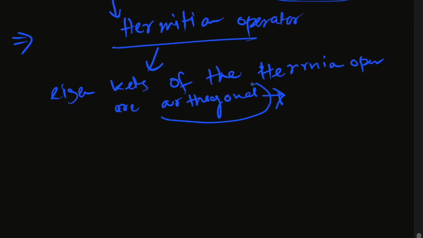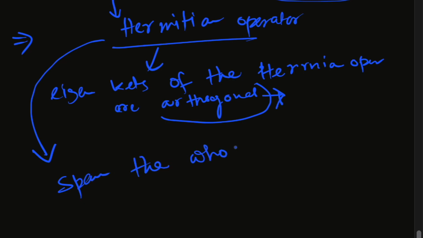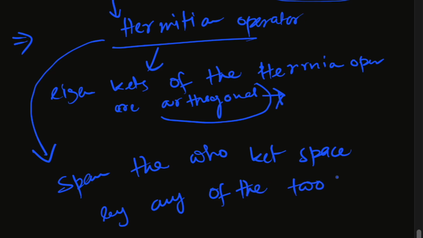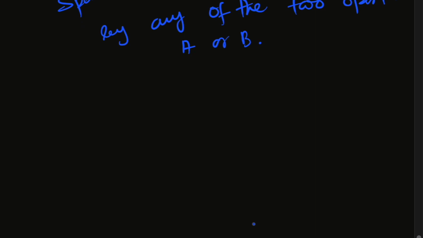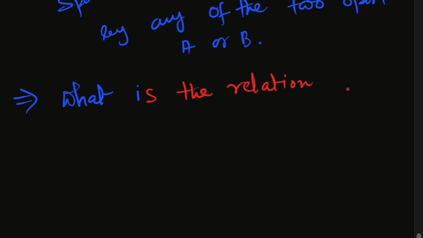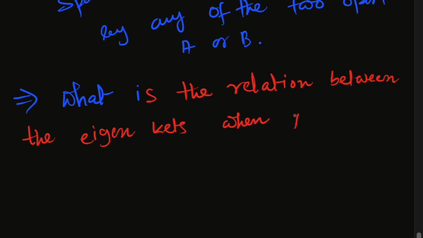That means we can span the whole ket space by either of the two operators, A or B. Now our question is, what is the relation between the eigenkets when A and B are compatible operators?